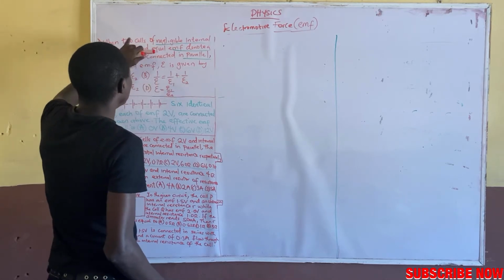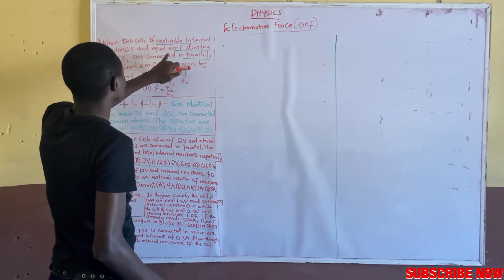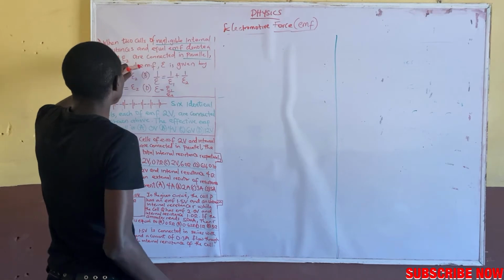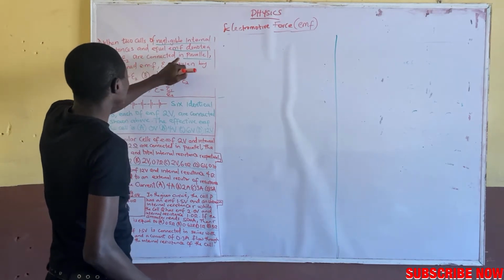Now note something, two cells of negligible internal resistance and equal EMF denoted E1 and E2 are connected in parallel.